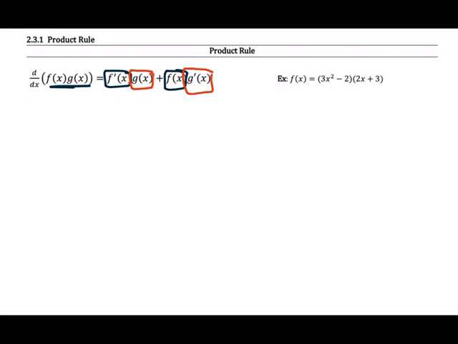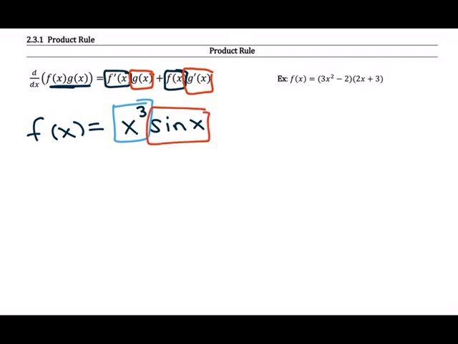So let's look at this. Let's actually look at the example that I had just erased, x cubed times sine of x. So here is one function, x to the third, and here is the second function, sine of x, and I'm multiplying these two things together.